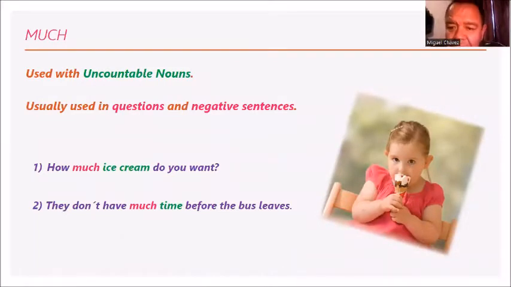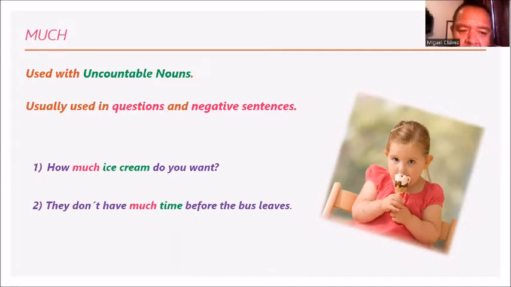Let's start to check what is the function and use for each of these quantifiers. Much, used with uncountable nouns, usually used in questions and negative sentences. Examples: How much ice cream do you want?